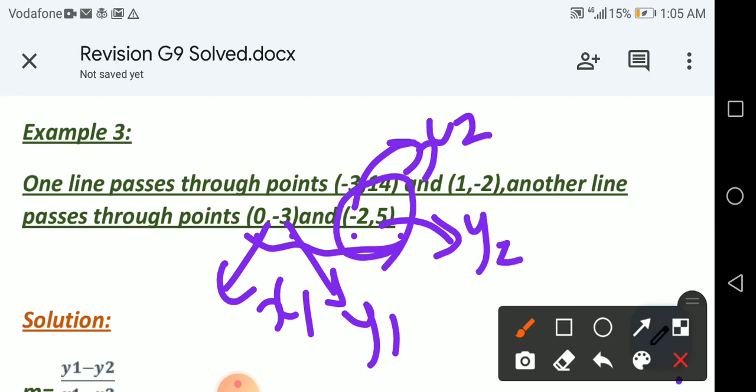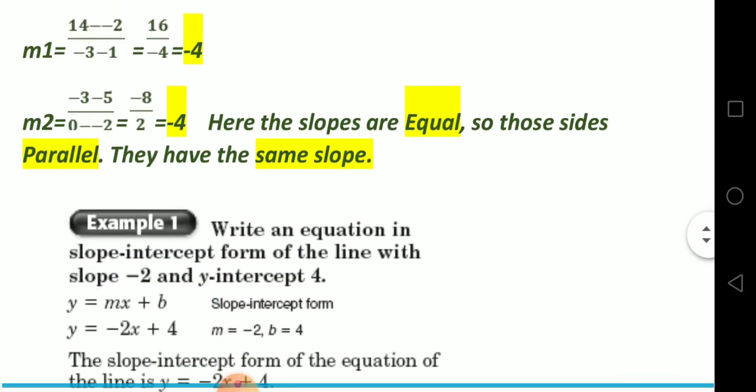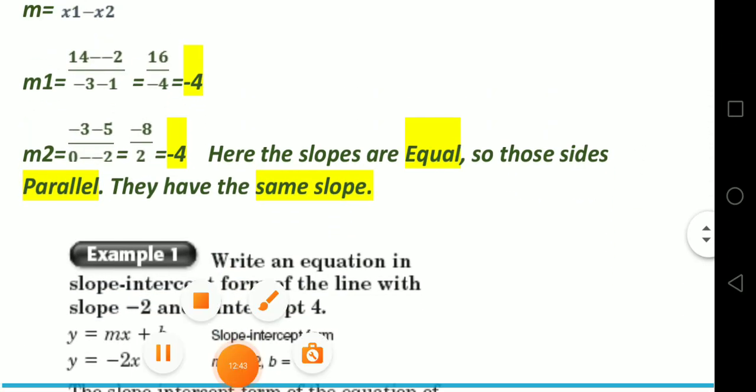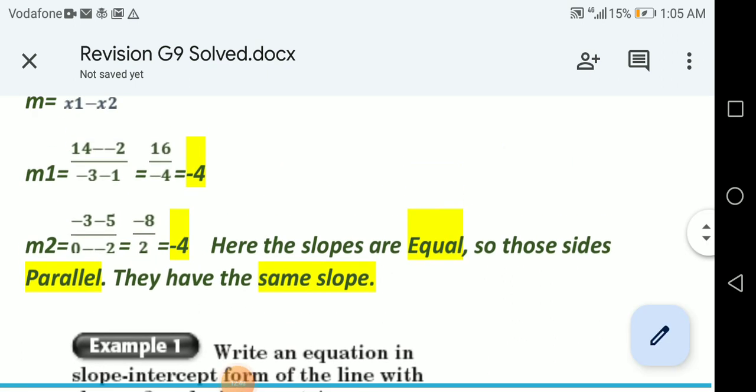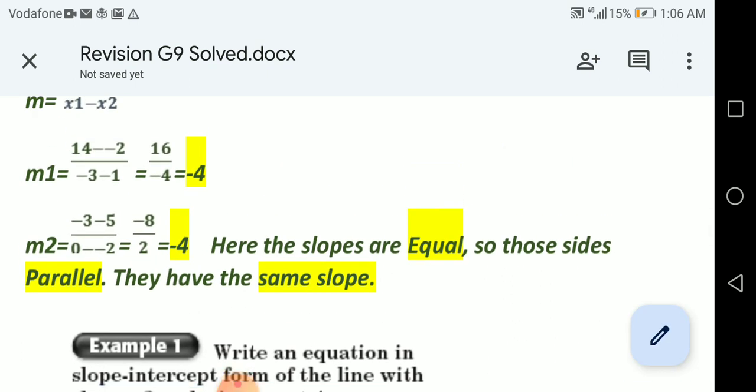Then substitute in the rule, and it will give you the same slope, negative 4 and negative 4. When I have the same slope, I will tell him that the two lines are parallel because they have the same slope.